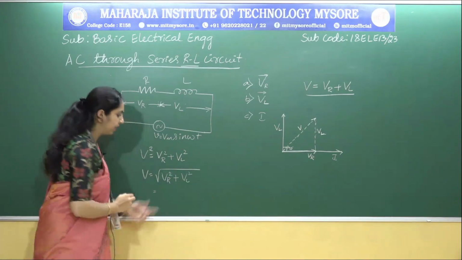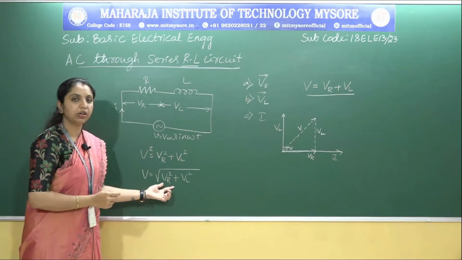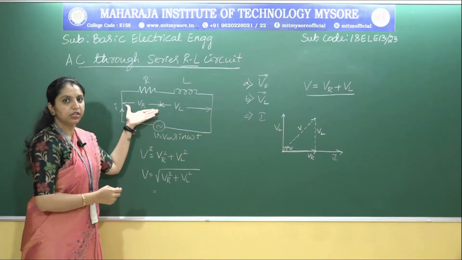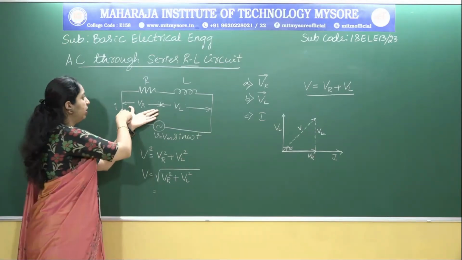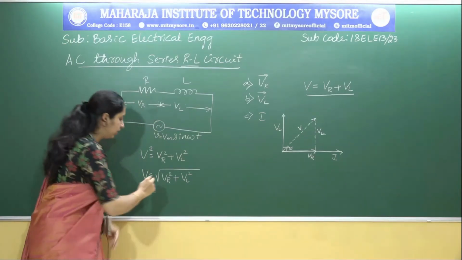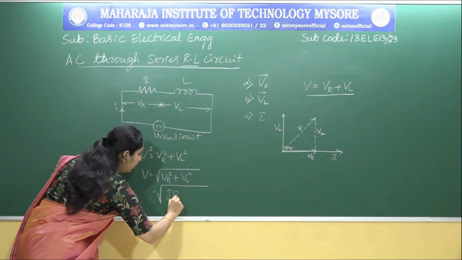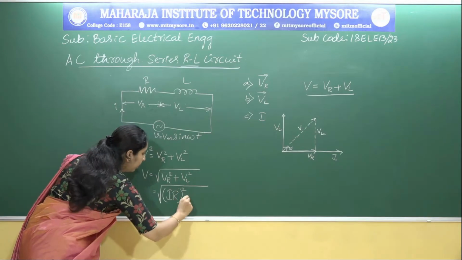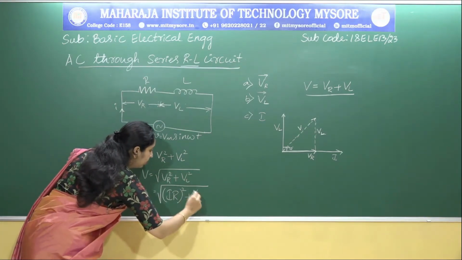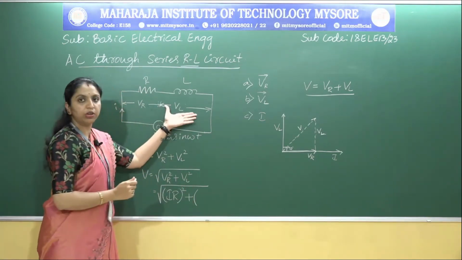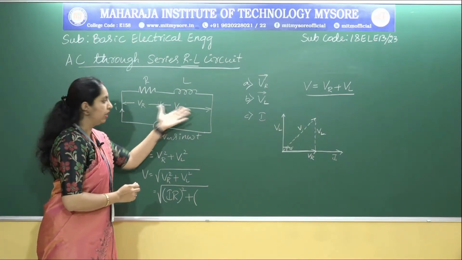Now we can expand this. What is VR? It is the voltage drop across resistance, that means current into resistor. So I can rewrite this equation as I into R, whole square, plus VL, which is nothing but the voltage drop across inductance.